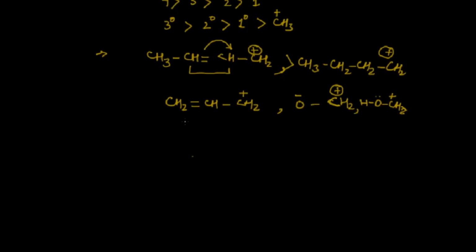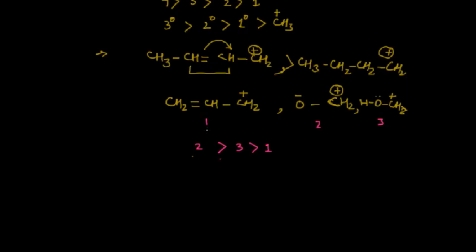If I number them 1, 2 and 3, then 2 is more stable, then third, and then first.